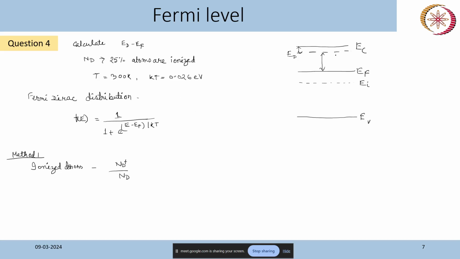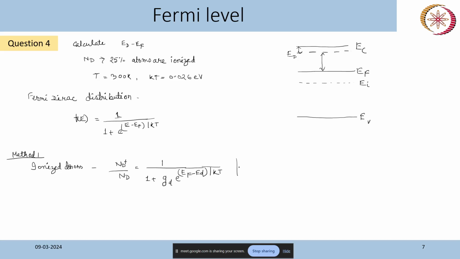There will be a pentavalent impurity which will donate one electron to the conduction band, and it will be ND plus. So it is ND plus by ND, which is given as, I'm directly using the formula, you can refer to the lecture notes, 1 over 1 plus ZD exponential of (EF minus ED) by kT.